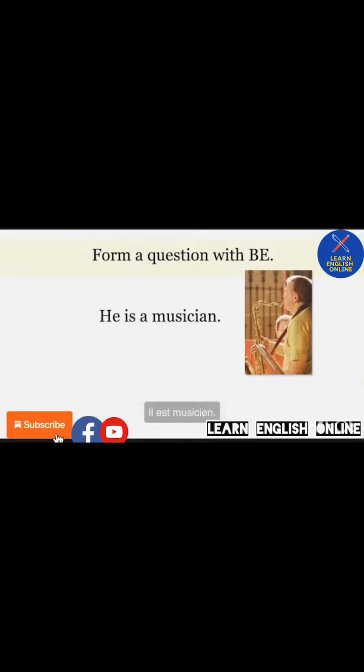He is a musician. We start with the subject. Here it's he. And then we have a form of the be verb. Here we use is because is goes with he, third person singular. And we have he is a musician.